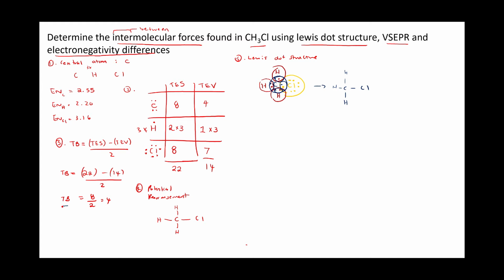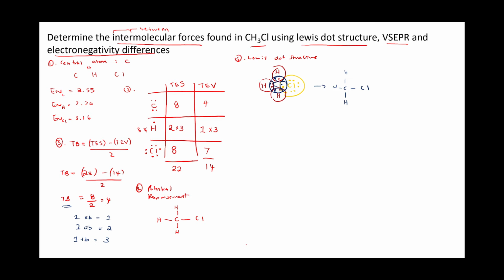And how this formula works is that a single bond counts as 1, a double bond counts as 2, and a triple bond counts as 3, right? So what the total number of bonds represents is the total number of pairs of bonding electrons.